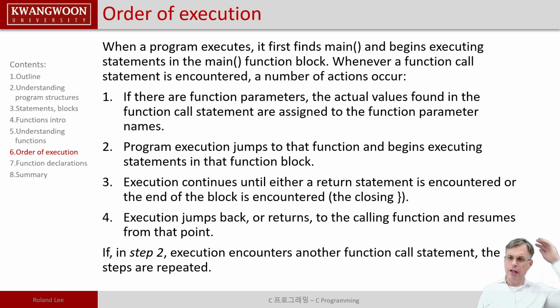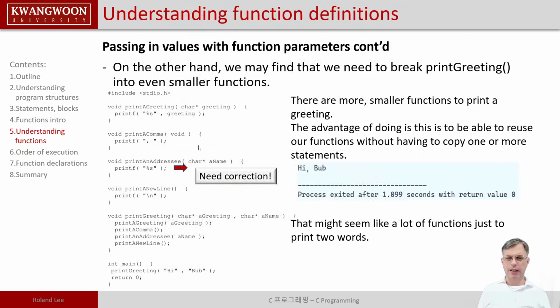So in the hello6.c there are more smaller functions to print a greeting. The advantage I mentioned already, and an approach such as this might be appropriate again when we process language or general text. That might seem like a lot of functions just to print 2 words. However, as you can see, we are able to organize our program in many ways with many functions.